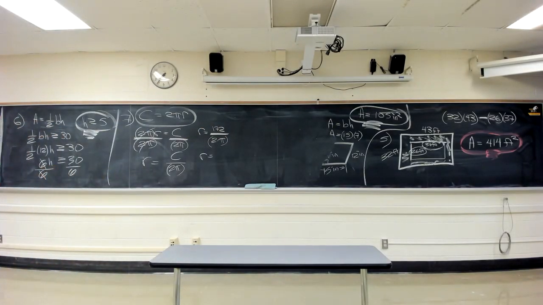So 172 divided by, I would put parentheses, 2 times pi. I cannot believe this calculator does not have pi. It has to have pi. Oh, there it is. Okay, yeah, I knew it had to be here.